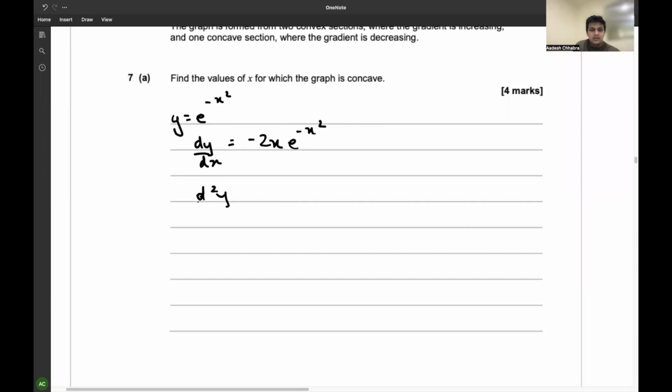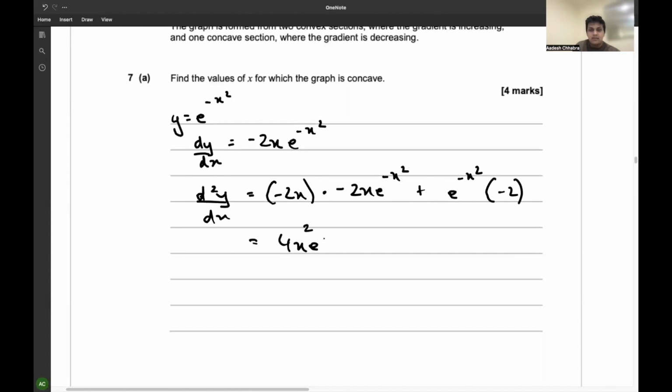Similarly, the double derivative will be obtained using the product rule, where this is just going to be equal to minus 2x times the derivative of e to the power minus x squared, which is just again minus 2x e to the power minus x squared, plus e to the power minus x squared times the derivative of minus 2x, which is just minus 2. And so that then simplifies down to 4x squared e to the power minus x squared minus 2 e to the power minus x squared.